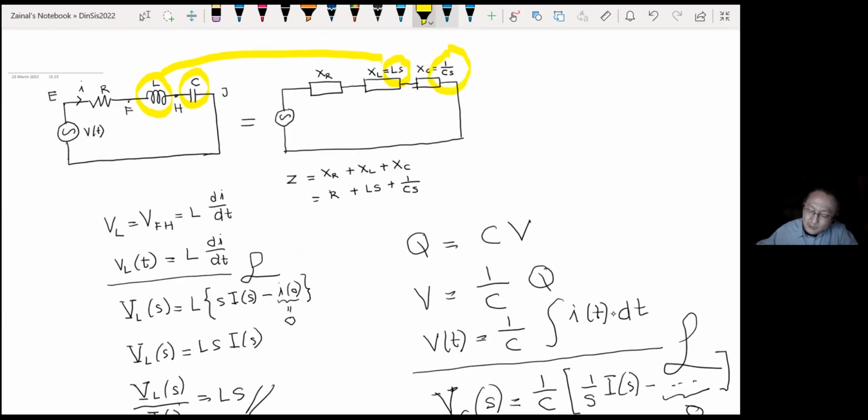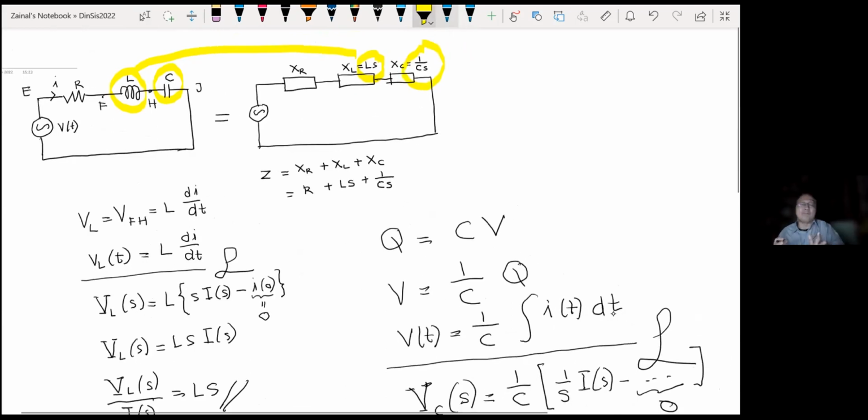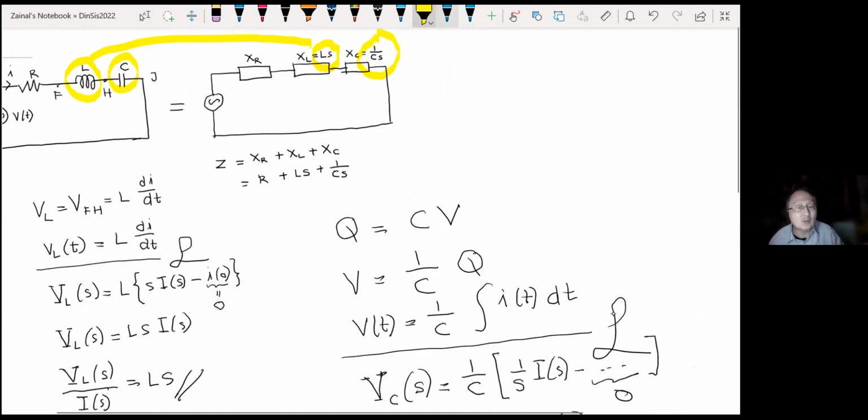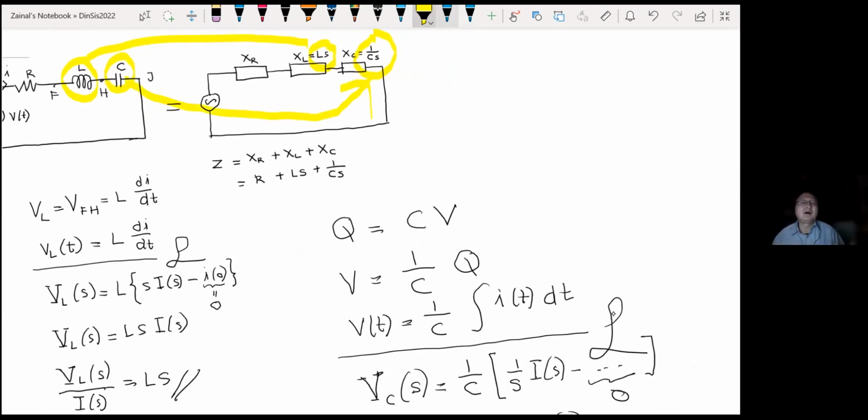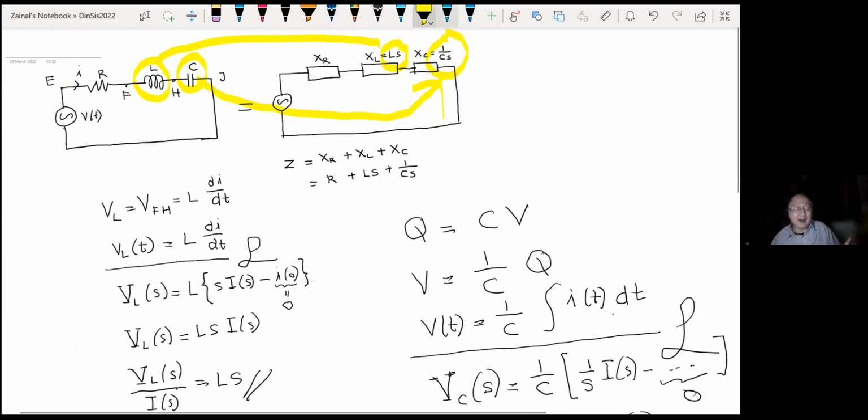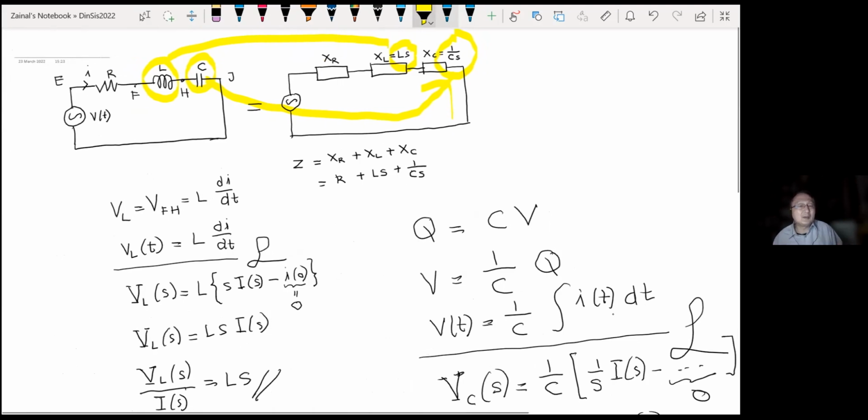Replace this one with this one and treat them as a resistor, which is very, very simple. R is just R, doesn't change, but L changes to impedance LS, while the capacitor changes to 1 over CS. That's as simple as this. Any question?